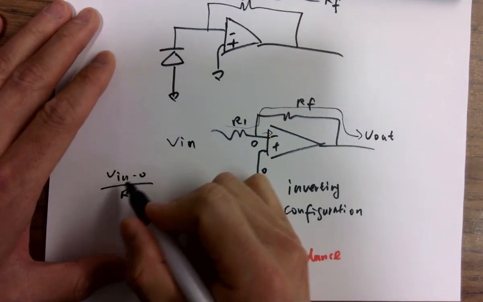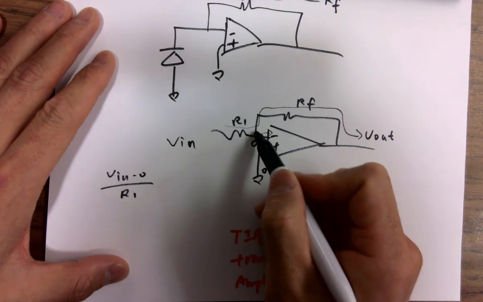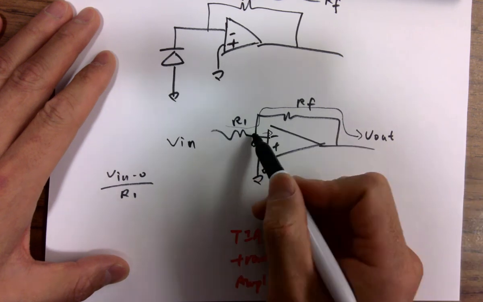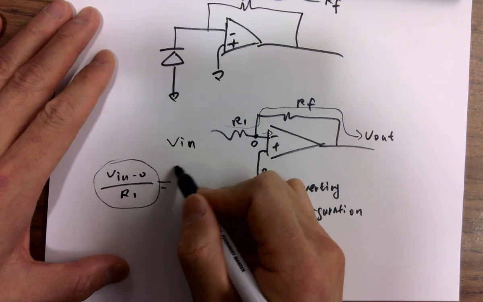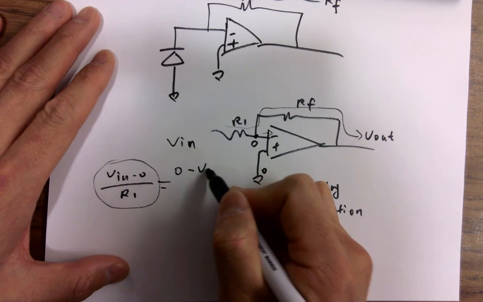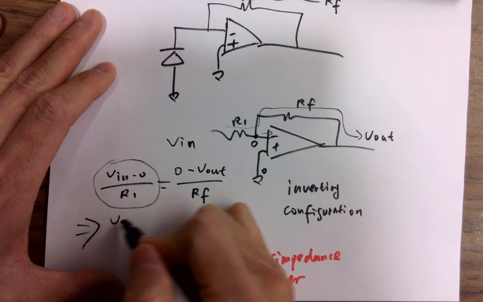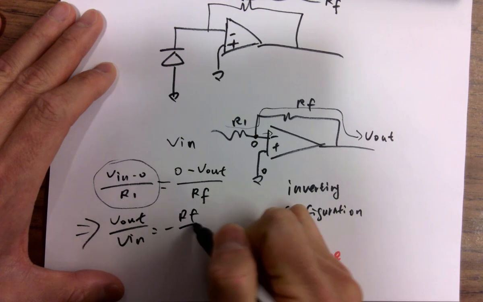By KCL, all the current getting into the joint here will exit. So current in equals current out. This is current in, and current out is 0 minus V out over RF. And this gives you V out over V in, which is minus RF over R1, right?